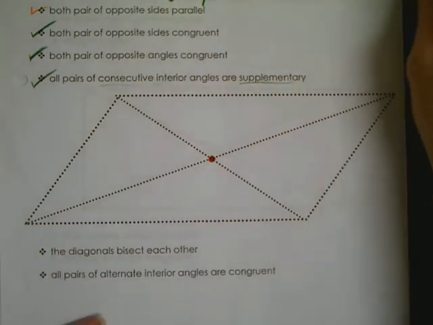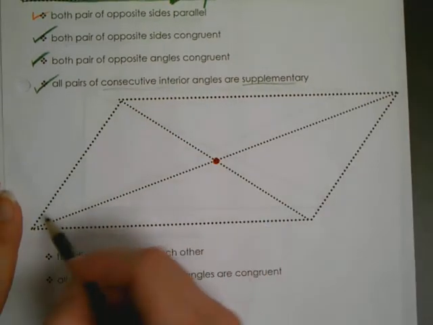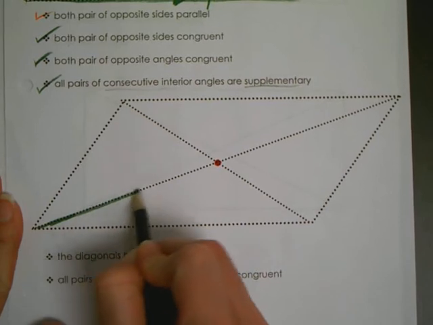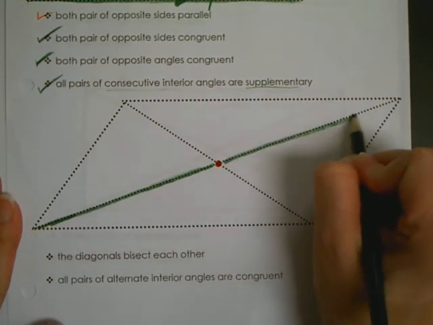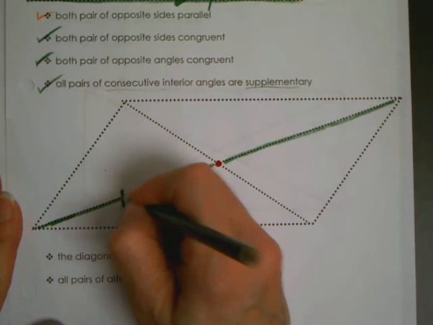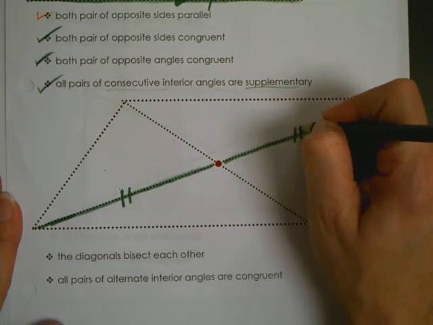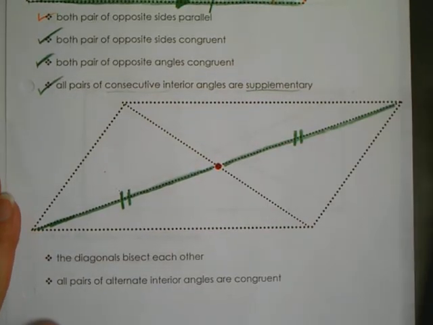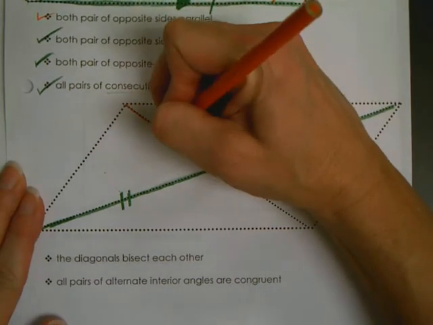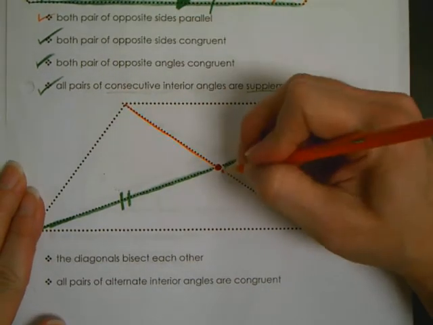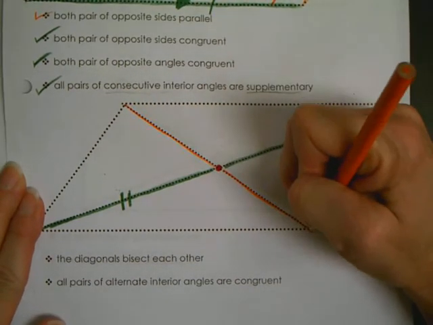So I'm going to use green right here. This part is congruent with this part. I'm going to give it the congruent symbols. I'm going to give them both 2 little dashes. And this diagonal here, this segment, is congruent to this segment right here.